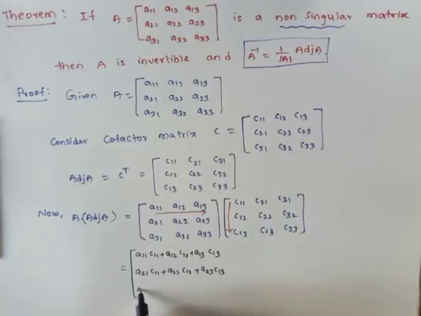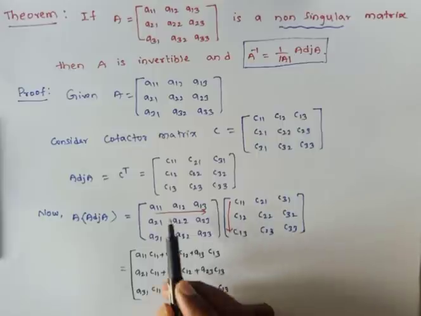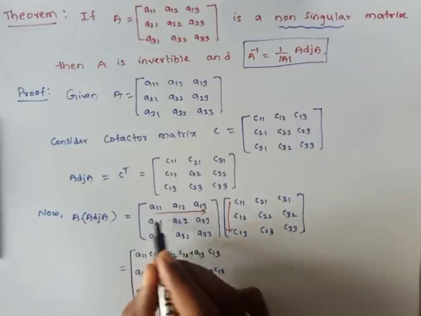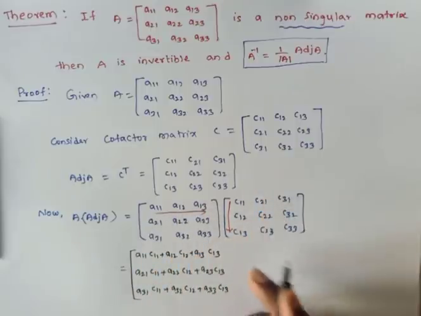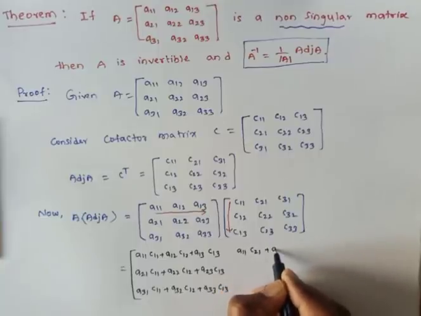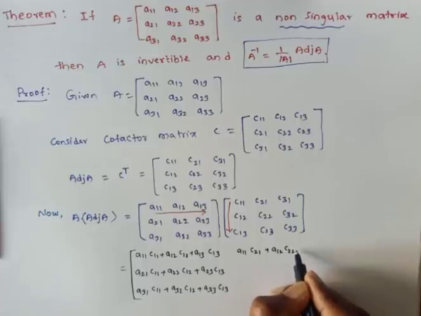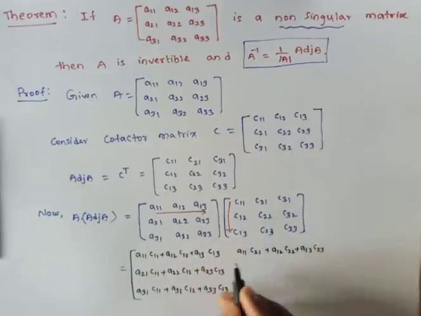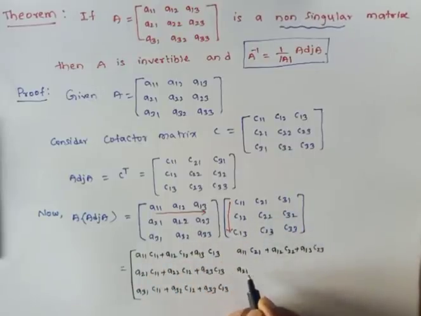And the third row: A31 C11 plus A32 into C12 plus A33 into C13. Next, same rows but the column changes, giving the second column: A11 C21 plus A12 C22 plus A13 into C23, then A21 and so on.